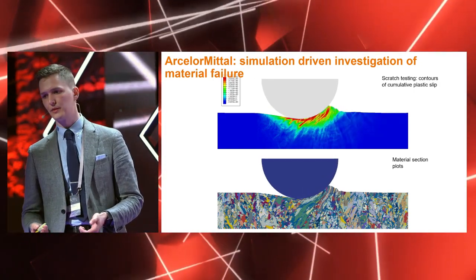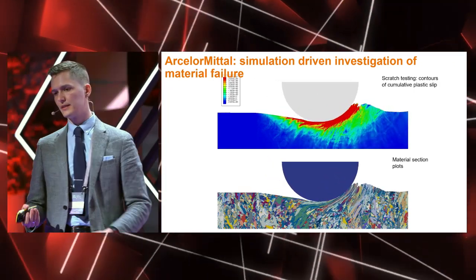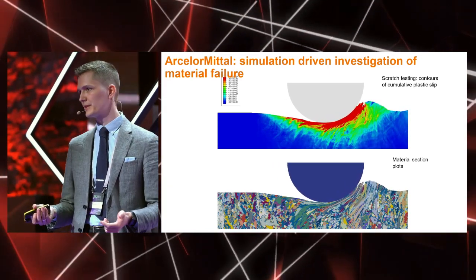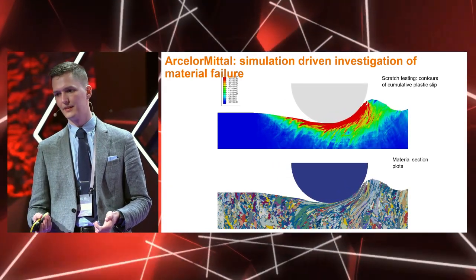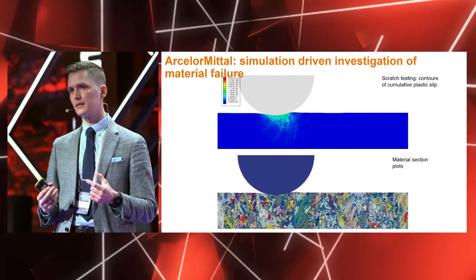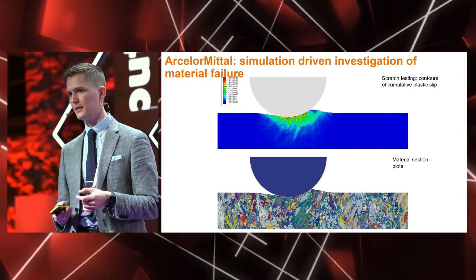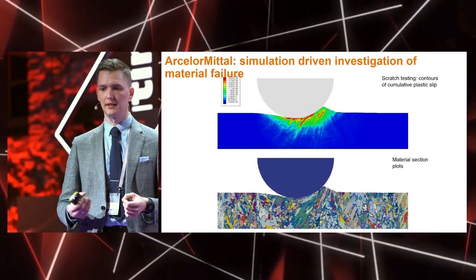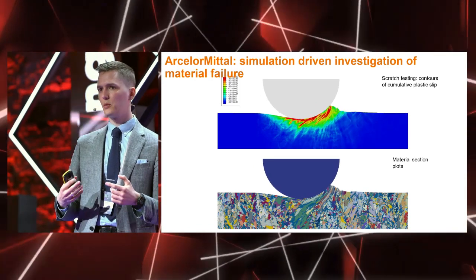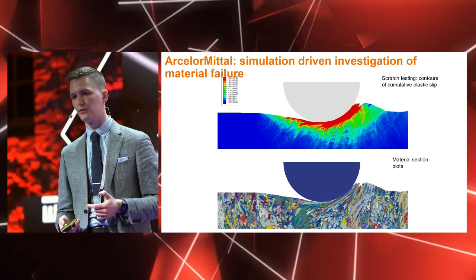In the top model, you can see the simulation model that shows the experienced plastic strain. On the bottom one, you can see the same test, but with the whole material microstructure shown. We can explore in this way how each separate grain of the steel microstructure deforms.